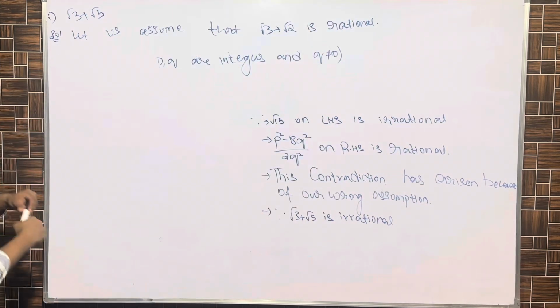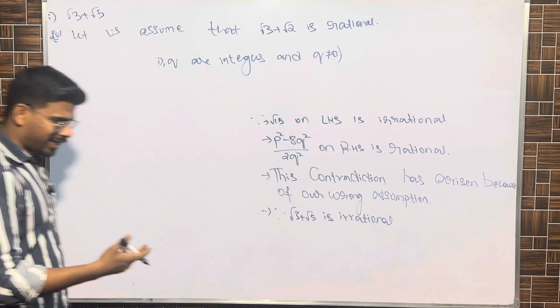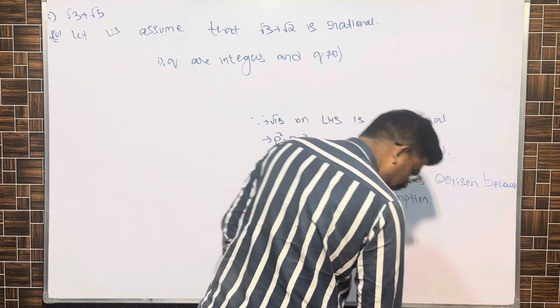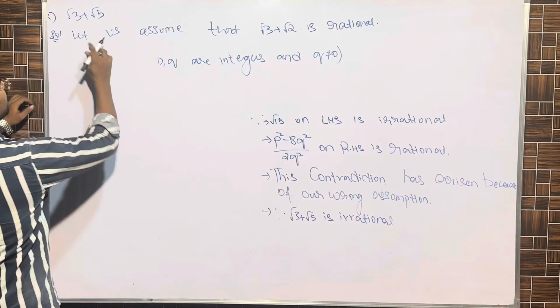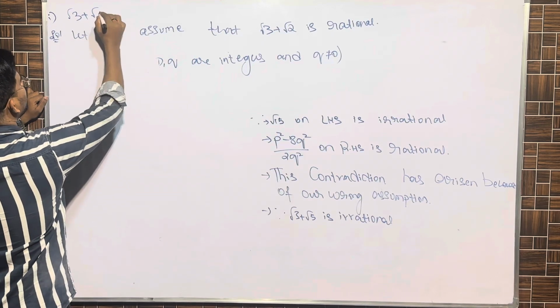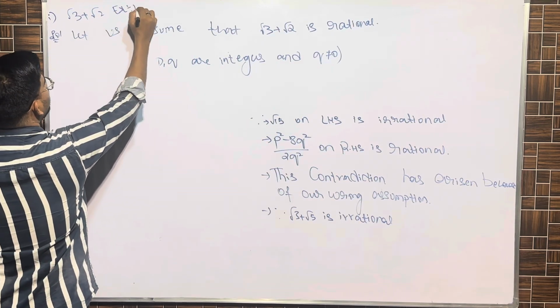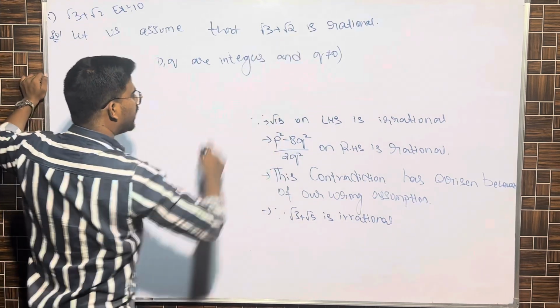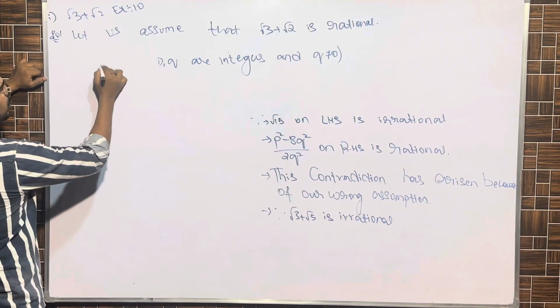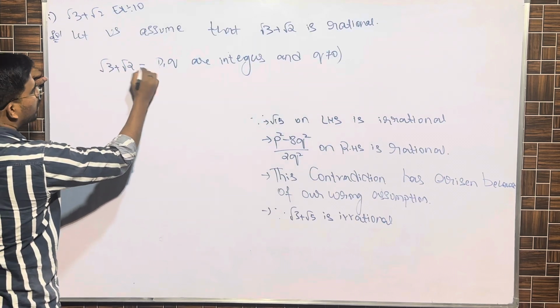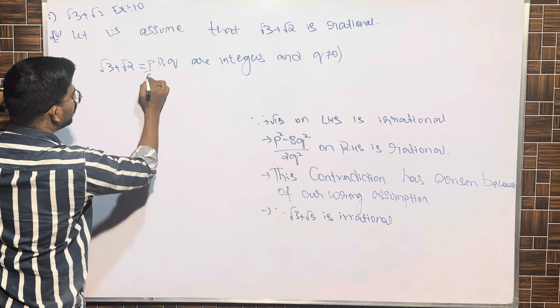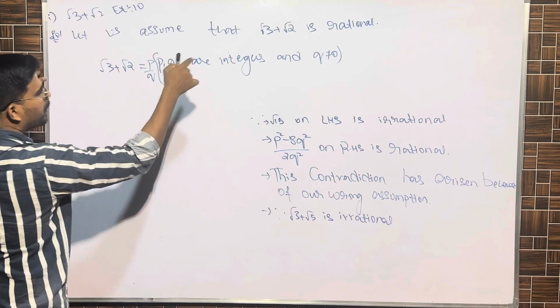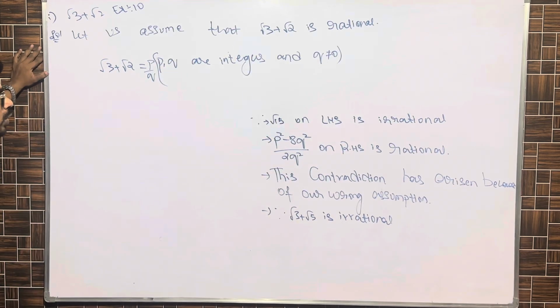In some textbooks it is written like this. What is it? Example 10, according to the textbook. Root 3 plus root 2. Chalo. Let us assume that root 3 plus root 2 is rational. So root 3 plus root 2 can be written in the form of p by q, where p and q are integers and q should not be equal to 0.